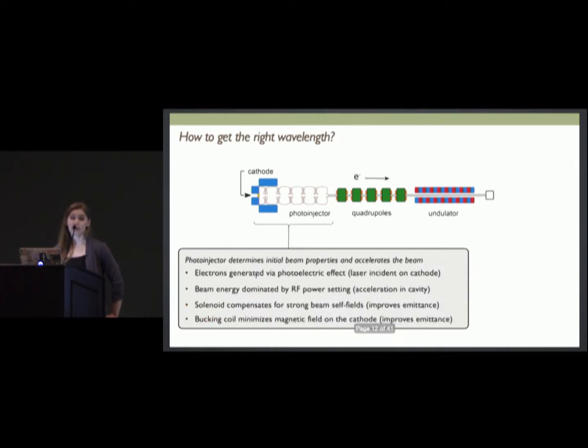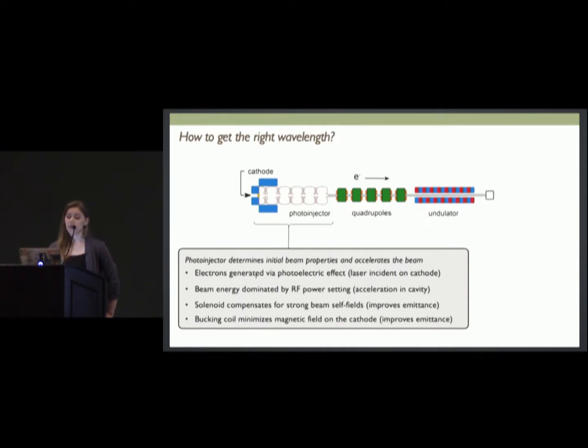Then upstream, where you actually produce the electron beam, you have a couple of different knobs that you can tune. The RF power in this cavity will determine the energy of the electrons.